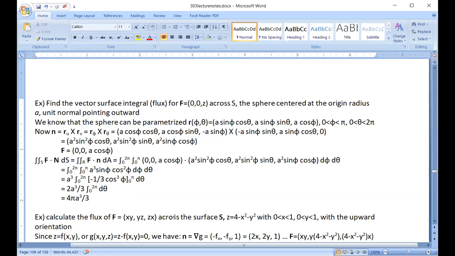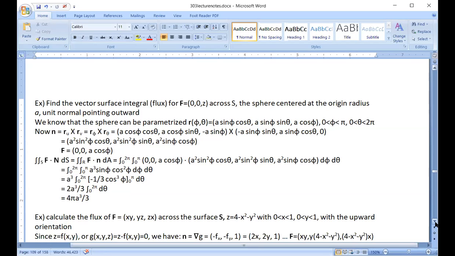And we can calculate that real quick. So that is 2x, comma 2y, comma 1. That is our normal vector. And also we know that we can just use x and y as our parameters. So we'll just continue to do everything in terms of x and y.